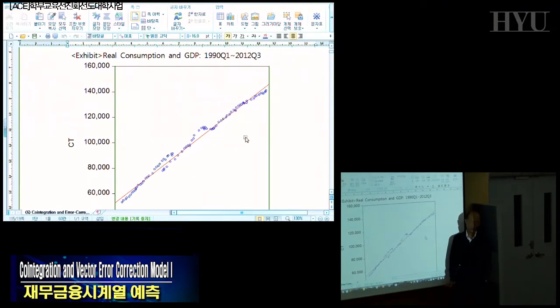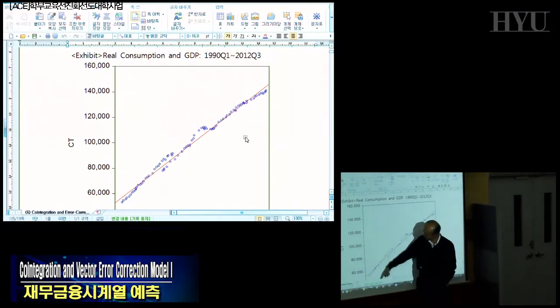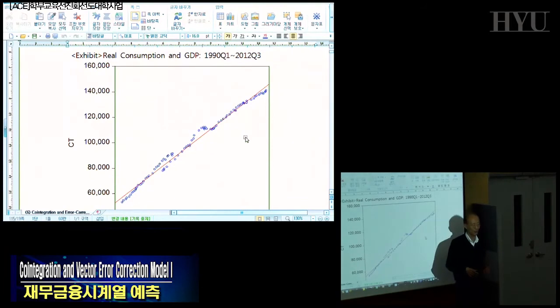Marginal propensity to consume is a small change in Y, small change in C, right? So if you are working with marginal propensity to consume, then probably you are looking at some model like vector regression to do that.